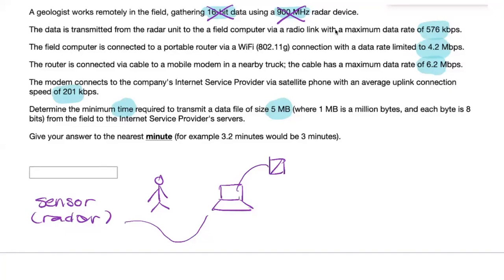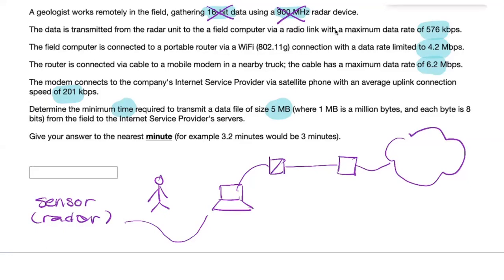So the field computer is connected to a router by Wi-Fi. The router is connected to a modem using a cable, and the modem connects via satellite link to the ISP. So we have 1, 2, 3, 4 connections, each with its own connection speed.